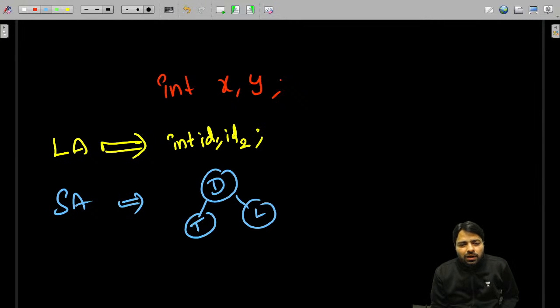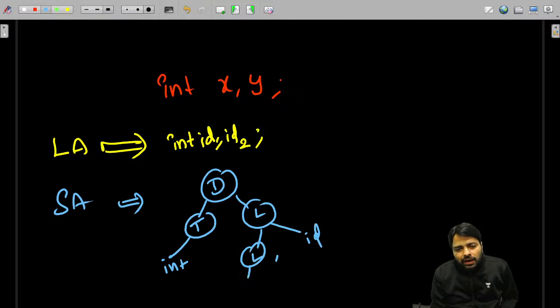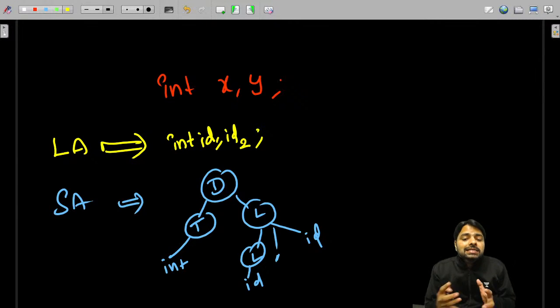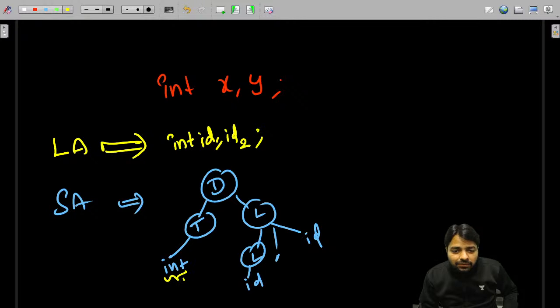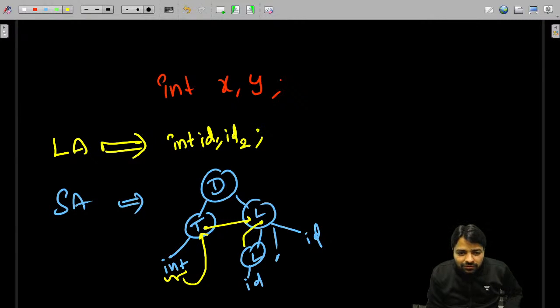Remember, not important now. If you want, you can keep that. That's okay. T is int and L, you have L comma id and L becomes id. Did you get it or not? This is the syntax. Semantic rules we will add. How will this int flow? Okay, this int will flow here, and this type will flow here, and this will flow here.